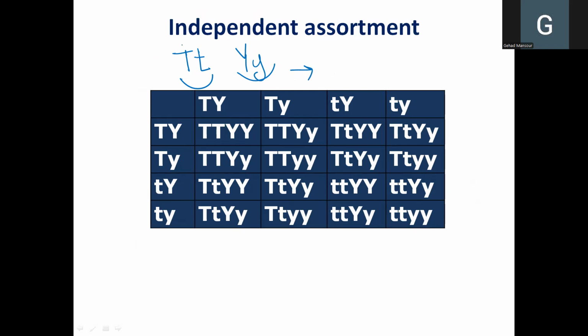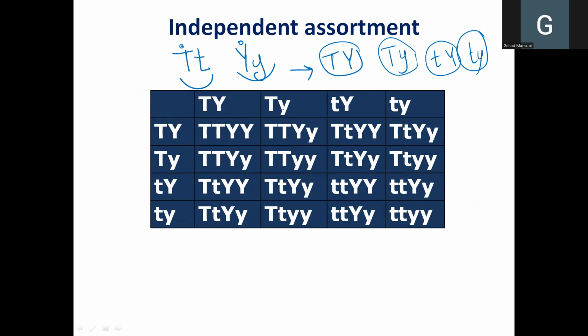So you can take first with first. One gamete contains T capital, Y capital. One gamete will contain first with second, T capital, Y small. One gamete will contain second with first, T small, Y capital, and one gamete would contain T small and Y small.